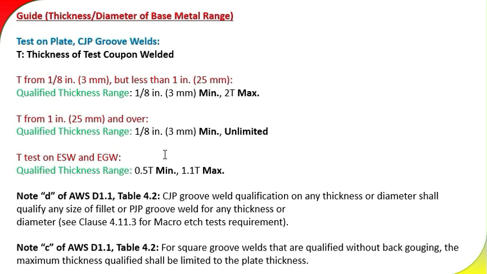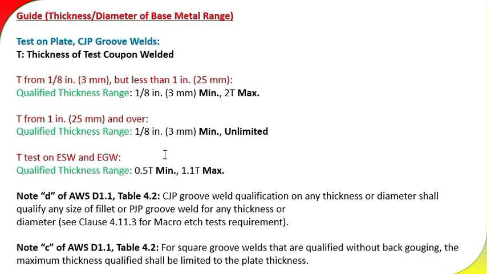Note D, in AWS D1.1 table 4.2. There is one note there. What note? CJP groove weld qualification on any thickness or diameter shall qualify any size of fillet or PJP groove weld of any thickness.